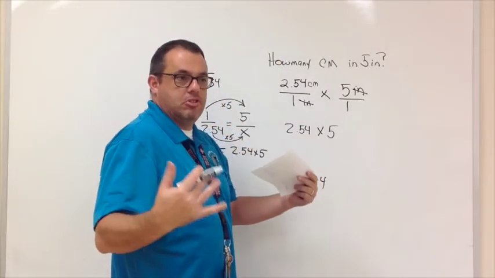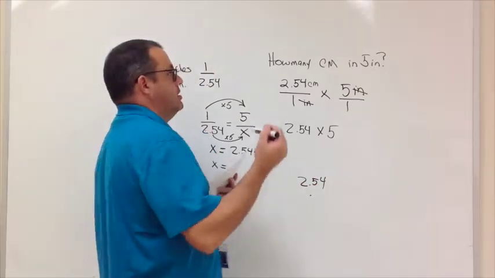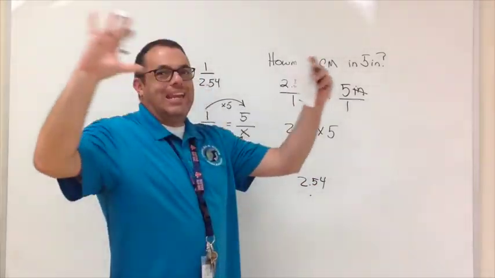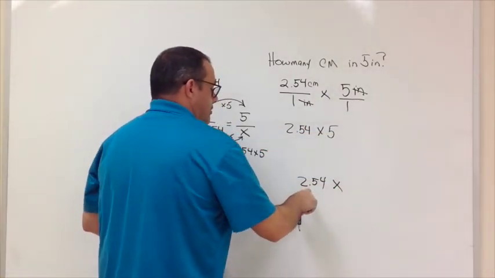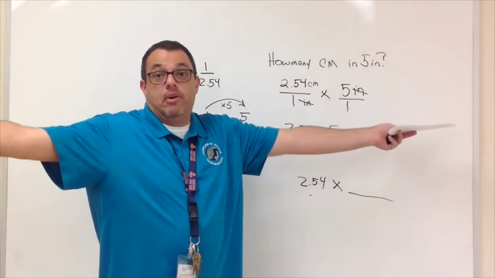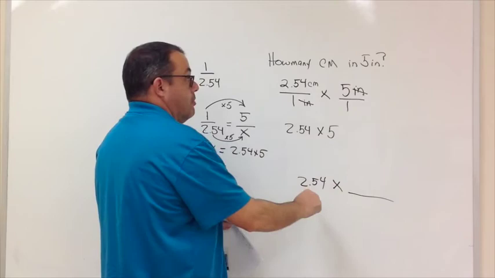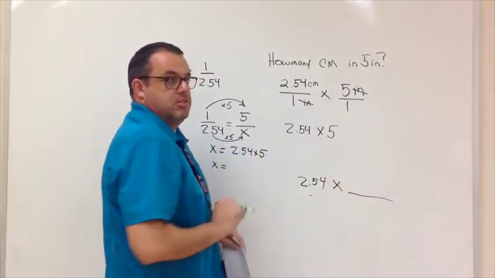I can find that out if I know this. So if I want to find out how many centimeters there are in any number of inches, I'm just going to multiply 2.54 times however many inches we're talking about. And that will tell me how many centimeters there are in that many inches.